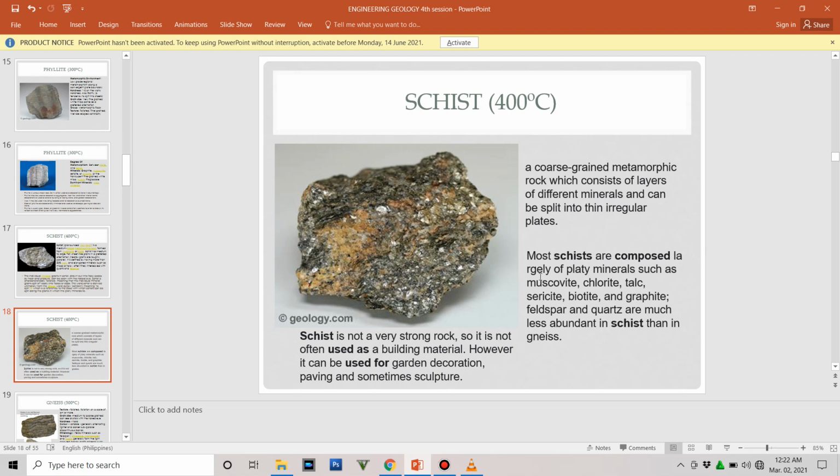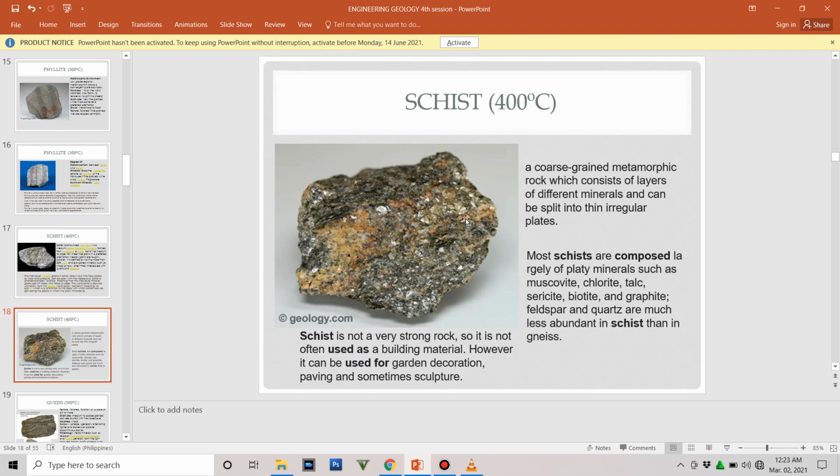Okay? So it is composed of largely platy minerals such as muscovite, chlorite, talc, sericite, biotite, and graphite. Feldspar and quartz are much less abundant.